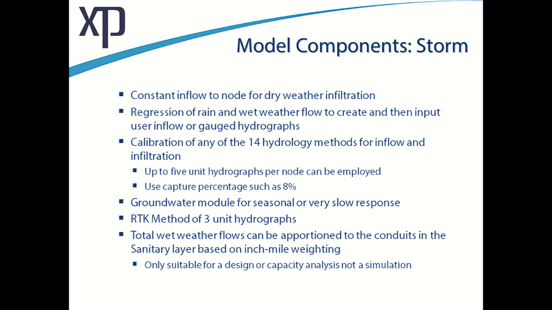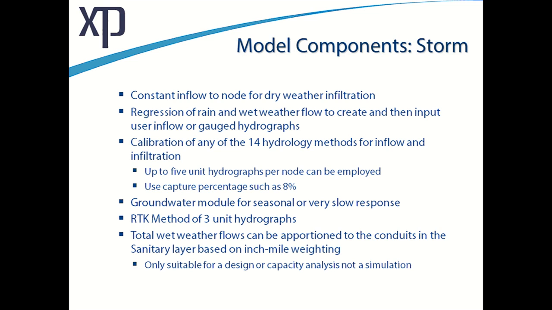I can also bring in the water through any of the 14 methods that we have in the software. And I can use our groundwater for seasonal or very slow response. And we can also mention, which Nicole did in her introduction, the RTK method. We're going to look at that a little bit more.